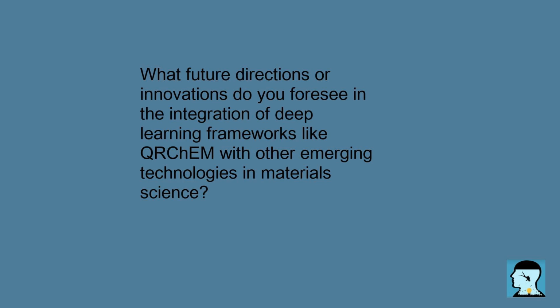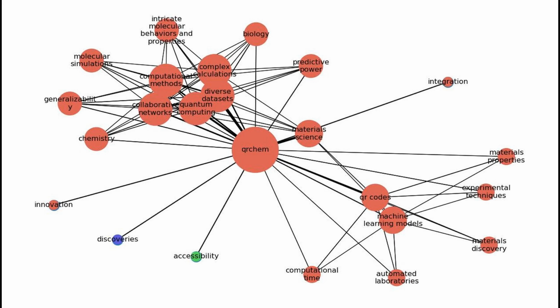What future directions or innovations do you foresee in the integration of deep learning frameworks like QRChEM with other emerging technologies in materials science? In the integration of deep learning frameworks like QRChEM with emerging technologies in materials science, several promising future directions and innovations can be anticipated.